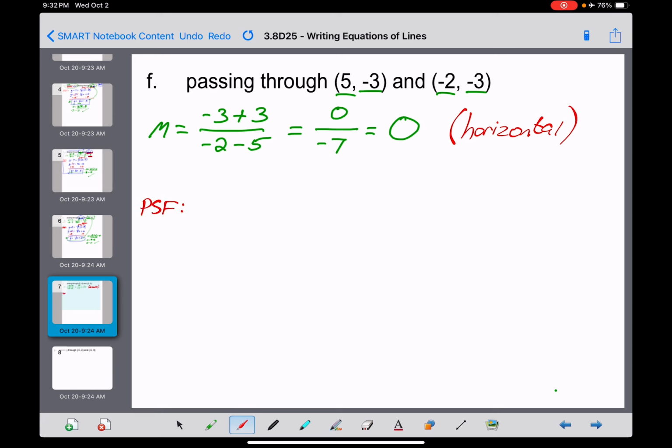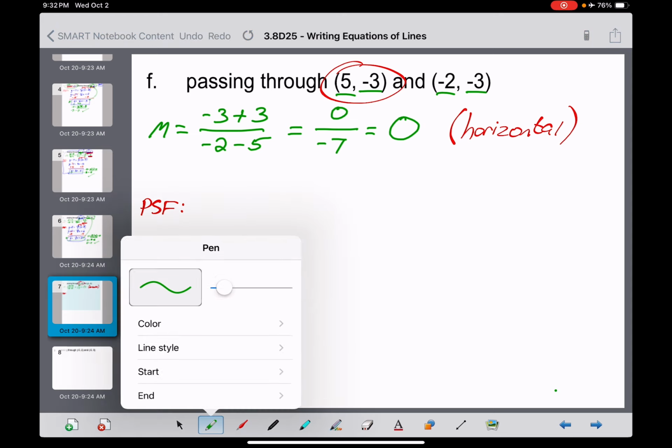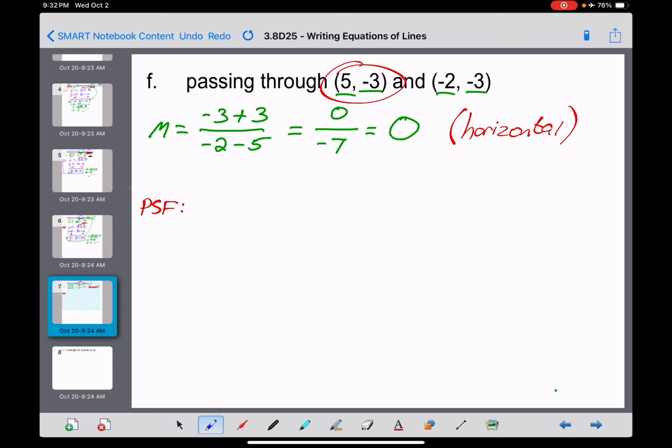We would go to point-slope form right now, and I'm going to use this point right here. Watch what happens when I just try to go to point-slope form. Y minus your y coordinate of -3, well, that becomes y plus 3, equals 0, that's your slope, times x minus 5. So that would be the equation in point-slope form.